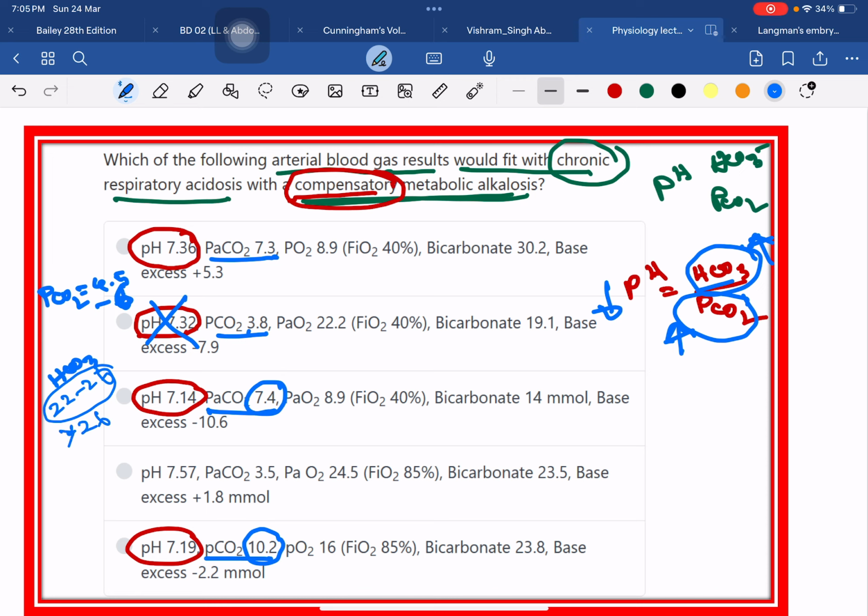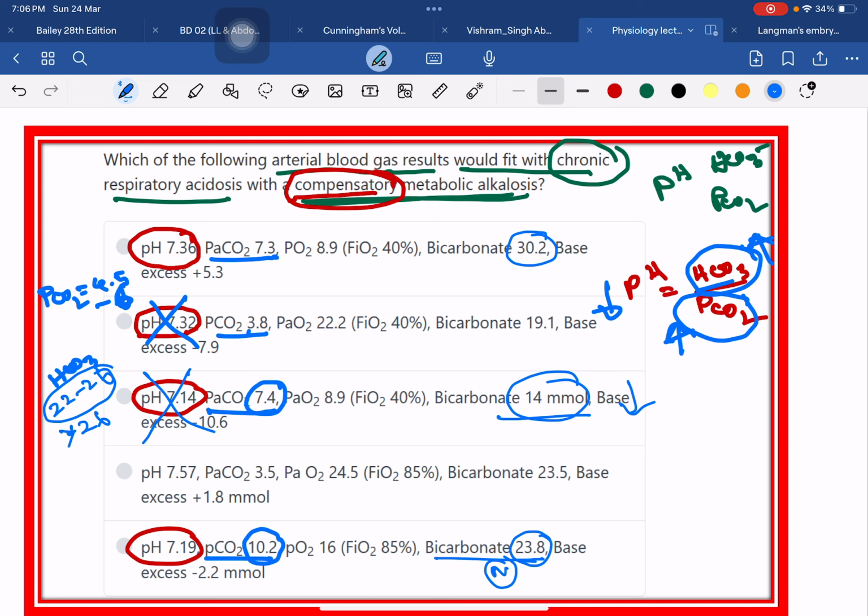In the first option, bicarbonate is 30, so it may be the answer. In the next, the bicarbonate level is 14, which is reduced, so it is not the answer, it is crossed. And in the last option, the bicarbonate level is 23.8, and it is within the normal range, it is not increased, so it may be another answer.